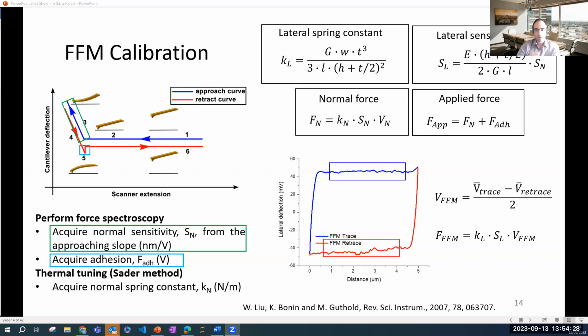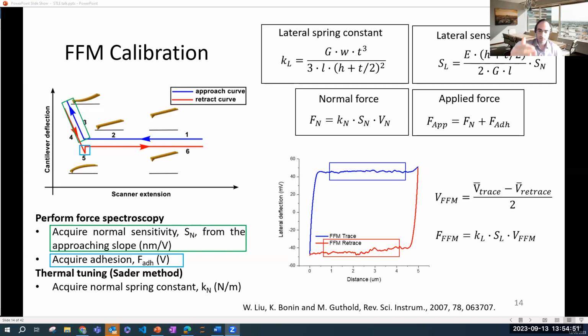If you know the dimensions of the cantilever, you can calculate how to calibrate it and how to get the spring constants and the lateral constant correctly.